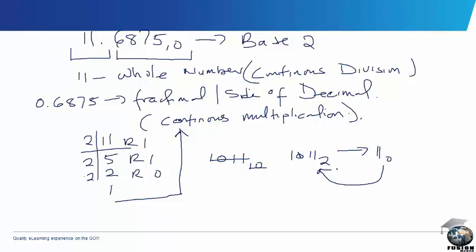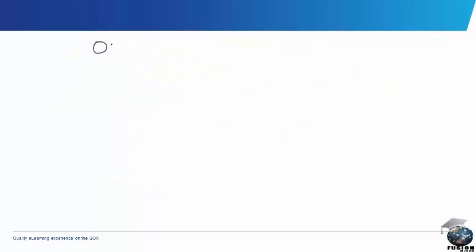All right, let's try to work out 0.6875, which is the fractional side of our outcome. Now remember, we said the method to do this is a method of continuous multiplication.